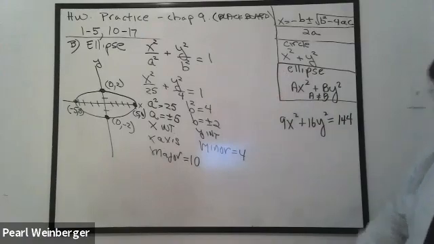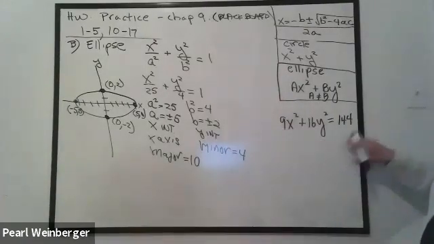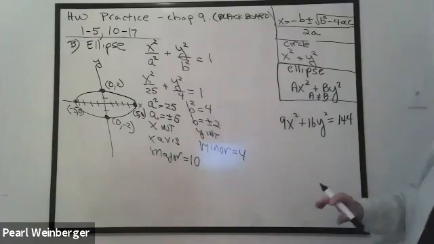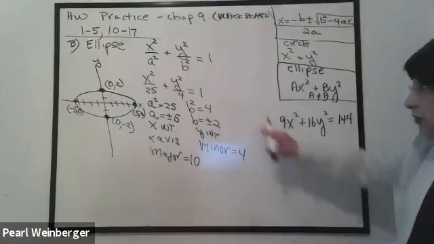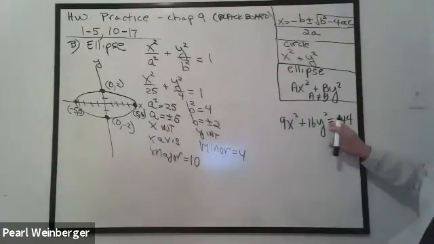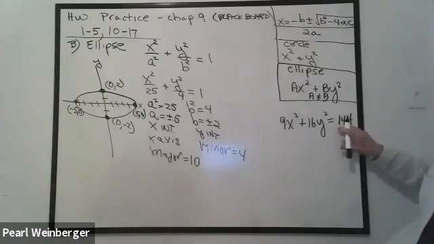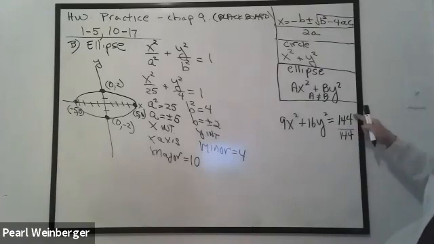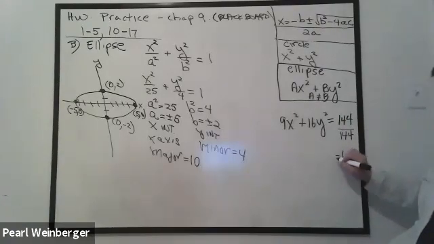So what I have to do is take this equation and put it in standard format. And in standard format, notice it has to be equal to 1. So I don't want 144 here, so I'm going to divide by 144, because when I take 144 and divide it by 144, that gives me 1.